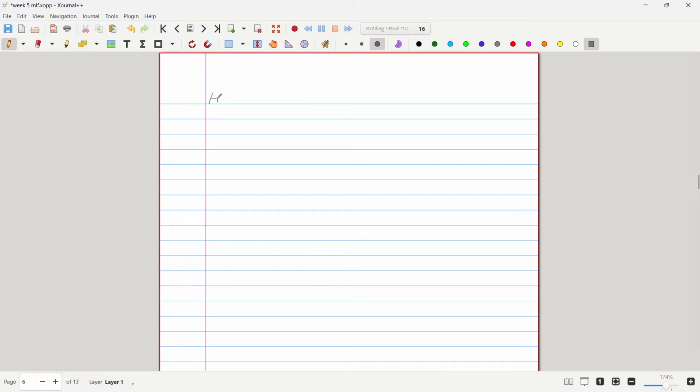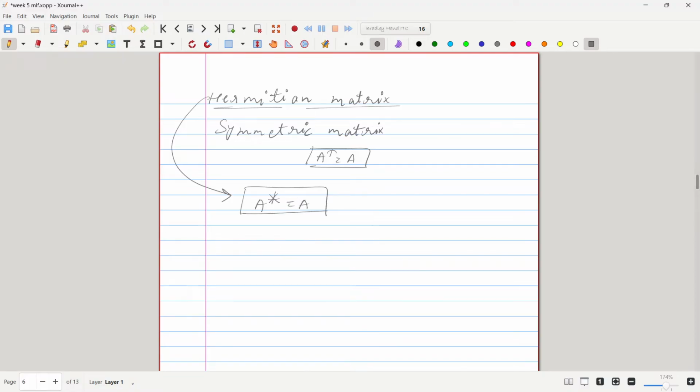Now comes the Hermitian matrix. Just like the symmetric matrix, where A transpose should be equal to A, for the Hermitian matrix A conjugate transpose should be equal to A. That's all.